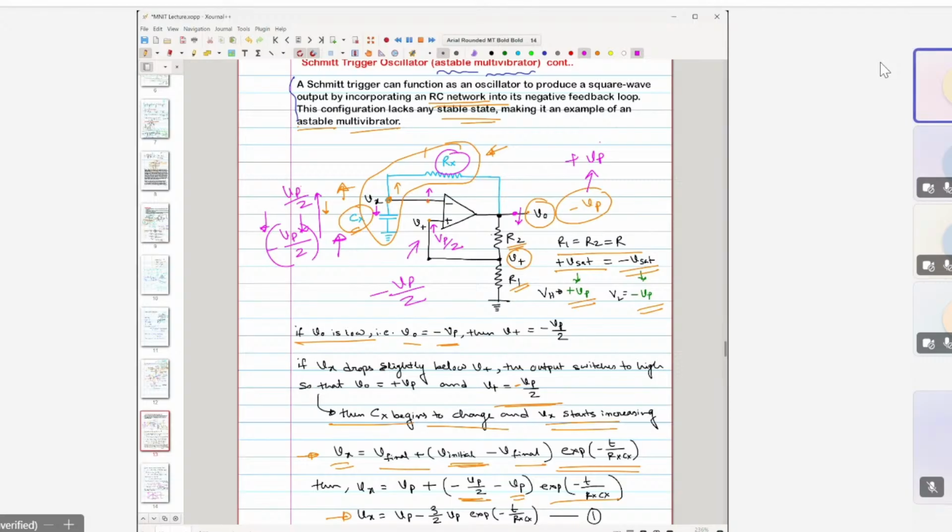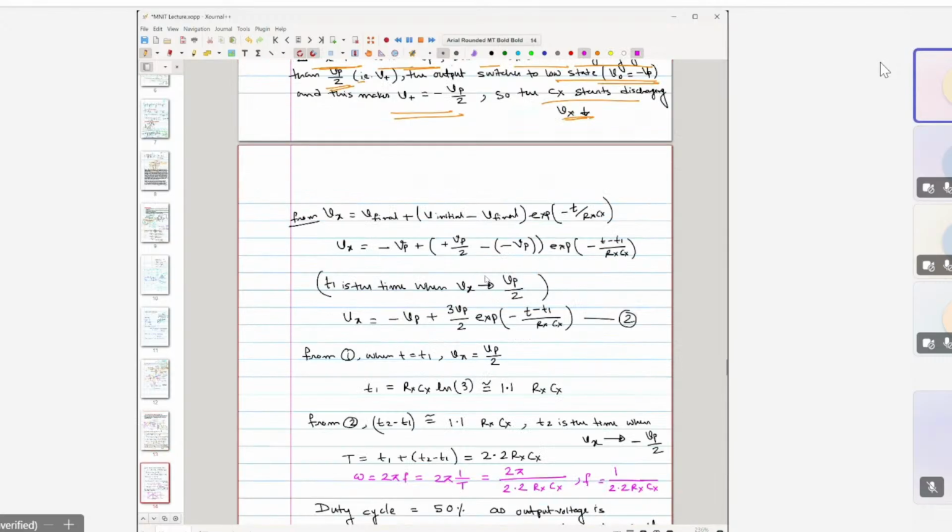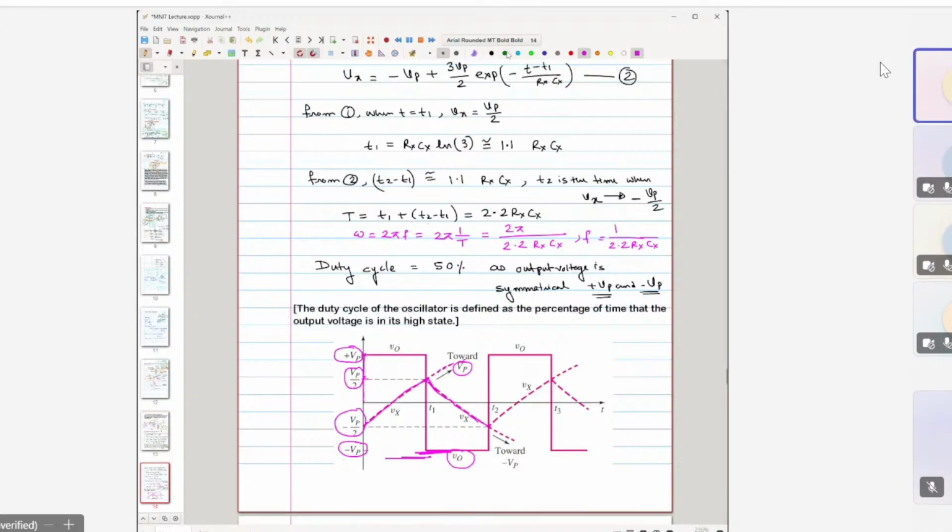When it reaches plus Vp by 2, the comparator action kicks in, and again it will fall back. So as a result, you can see the potential across this capacitor, denoted as Vx, would increase, means charging, then discharging, then again charging, then again discharging.